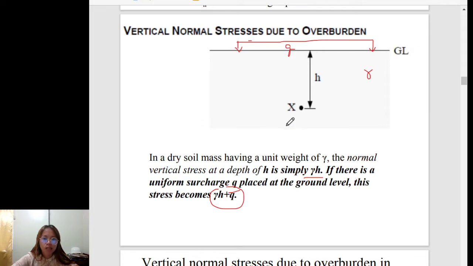What is the total stress at x? That is gamma times height plus this surcharge Q. Say we have a surcharge, meaning you have additional load at the ground level, for example a footing. So the pressure of that surcharge plus the stress at a certain point is the total stress at x.